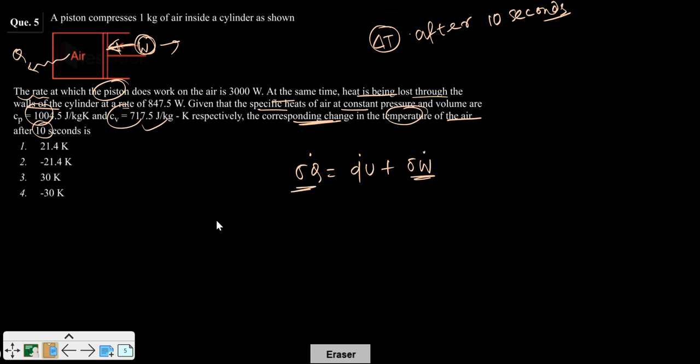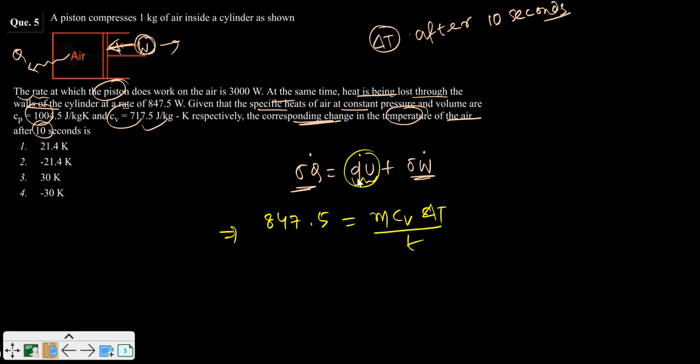Okay, so let us put all these values. Here del Q dot will be equal to how much? This is 847.5, and that will be equal to du, which can be written as m Cv del T divided by t, because we are writing this equation in the form of rate, time rate.